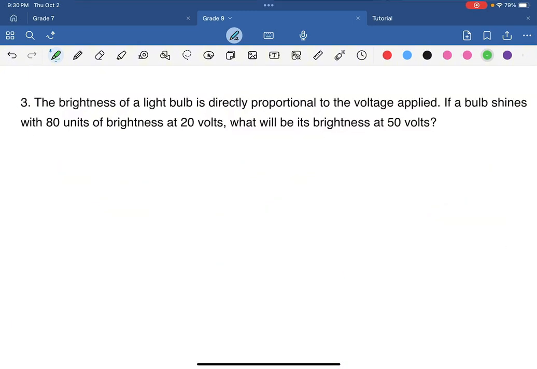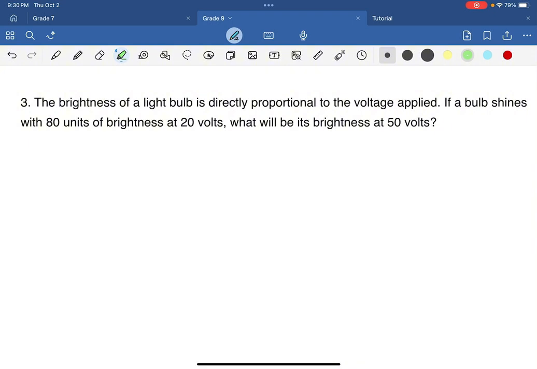Problem number 3. The brightness of a light bulb is directly proportional to the voltage applied. If a light bulb shines with 80 units of brightness at 20 volts, what will be its brightness at 50 volts? Now, we are already guided with the dependent and independent variable.